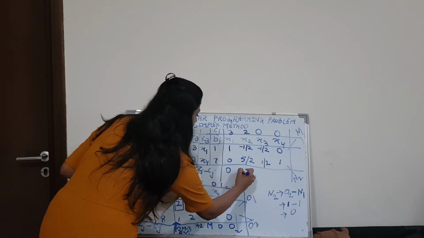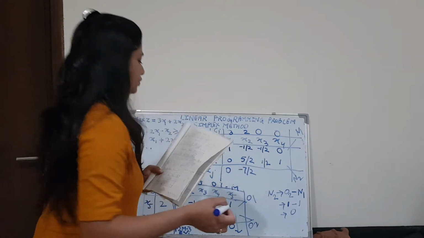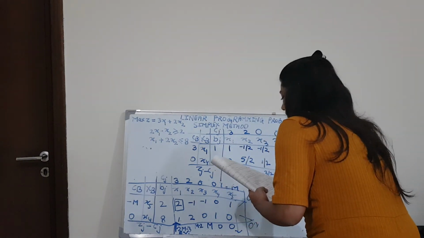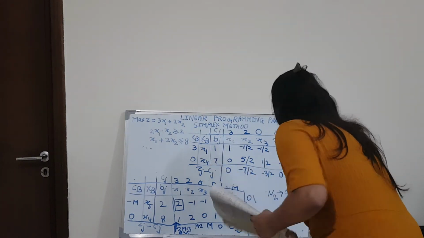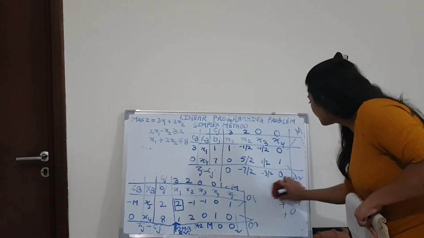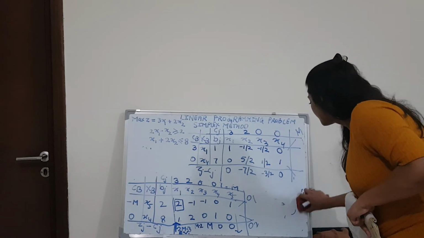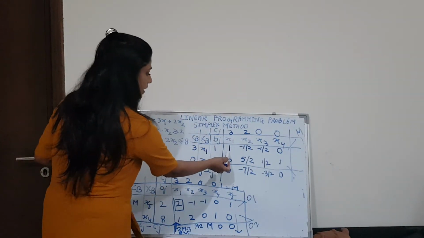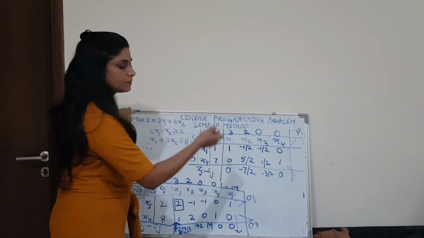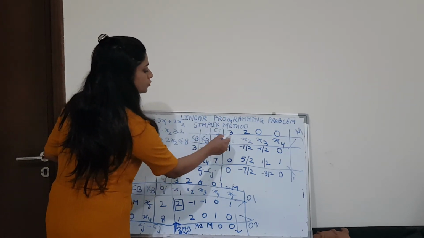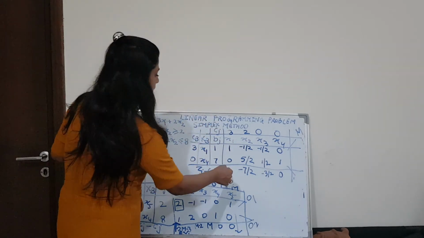Now after calculating by the formula, Zj minus Cj is 0, minus 7 by 2, minus 3 by 2 and 0. The process is the same. 3 into 1 is 3 plus 0 into 0 is 0, so 3, and for the first column Cj is 3, so 3 minus 3 is 0.